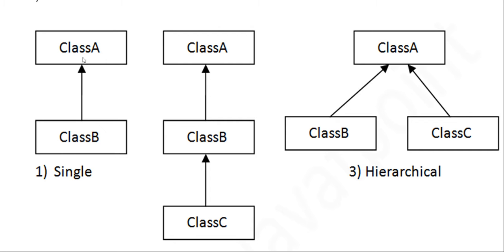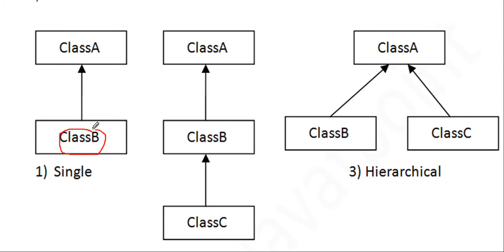Here there is one class A and another class B. Class B is a subclass or child class and class A is the base class. Class B can use all properties.